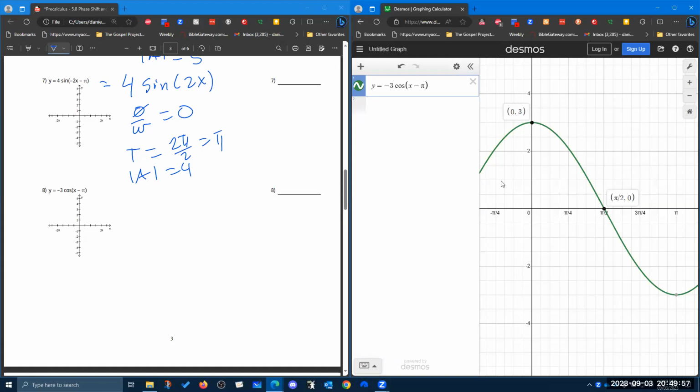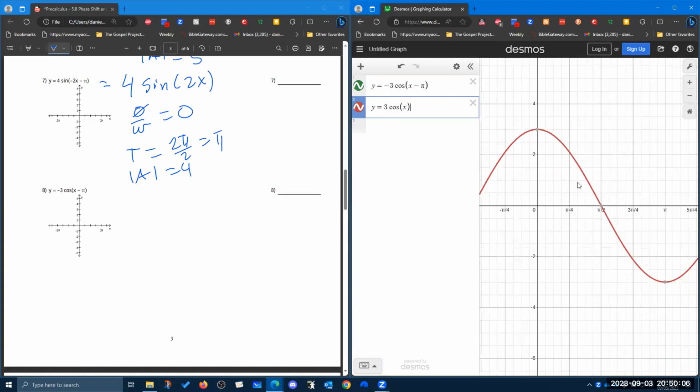So I just want to try and see if y equals 3 cosine of x is the same thing, and it most certainly is. So y equals 3 cosine of x. So my period did not change. My amplitude is the only thing that changed in this graph.